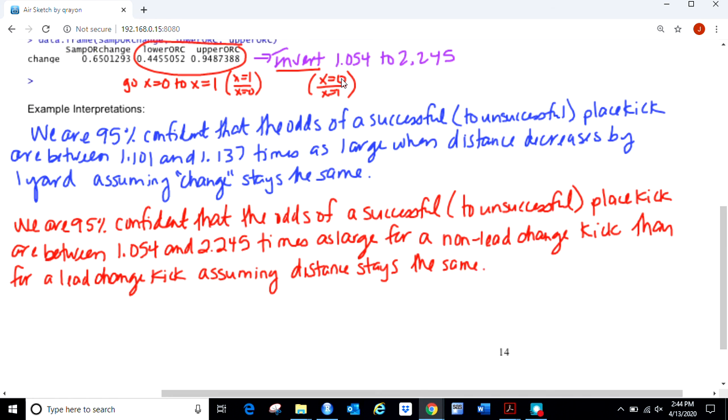Or it's looking at, okay, as long as the distance stays the same, how does it being a lead change versus a non-lead change kick seem to affect my odds of a successful place kick? So the idea of the interpretation here is just like what we were seeing in previous videos, with the addition of this extra assuming part that we had to add to the interpretation.